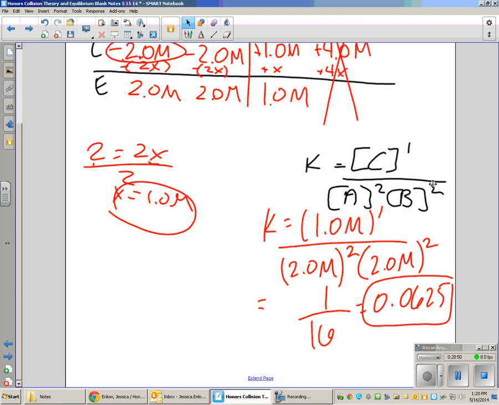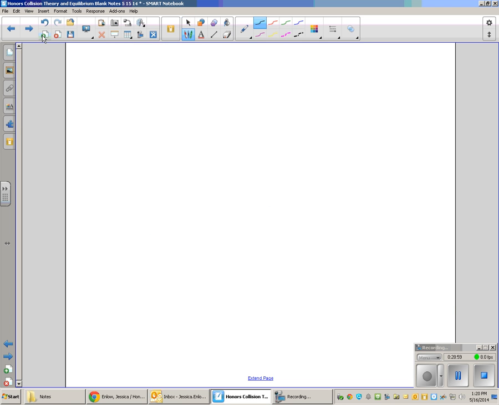Got this. All right, look at 4. I'll write this reaction up here as well. Given A plus 2B equilibrates to C plus 3D. What do they say? All gases, so they all matter.